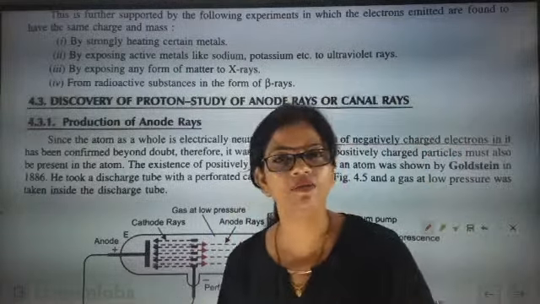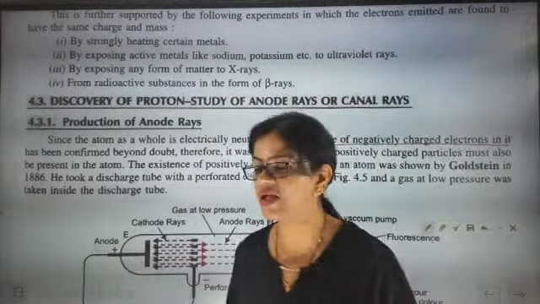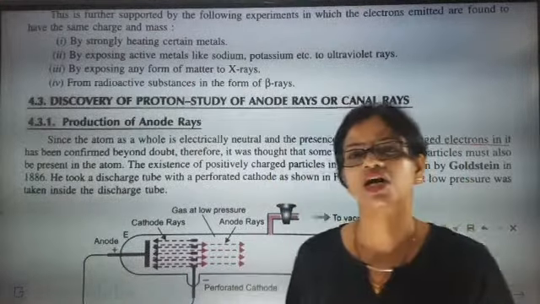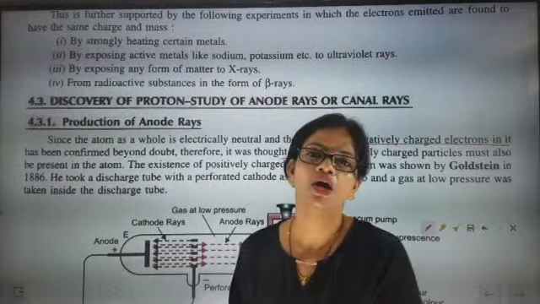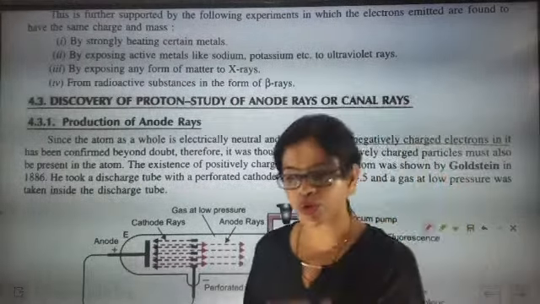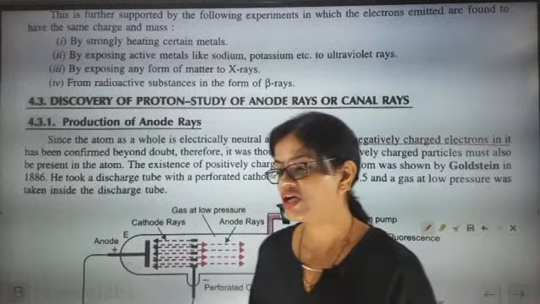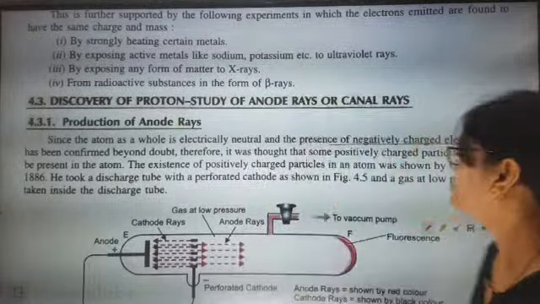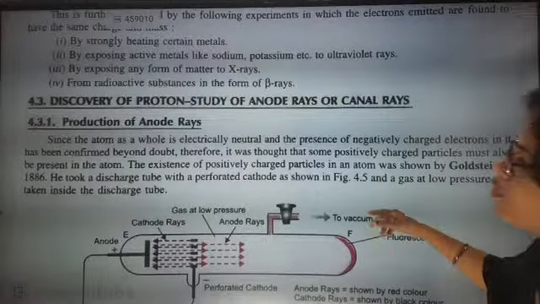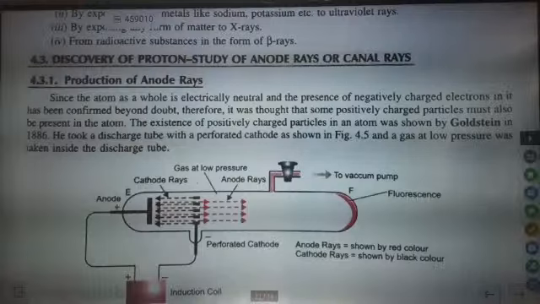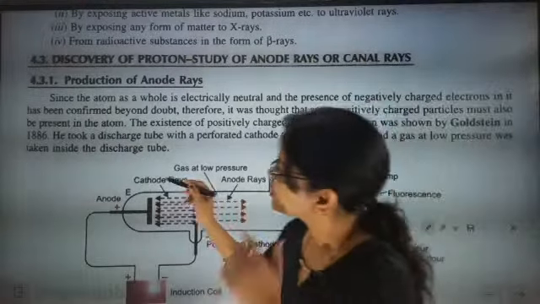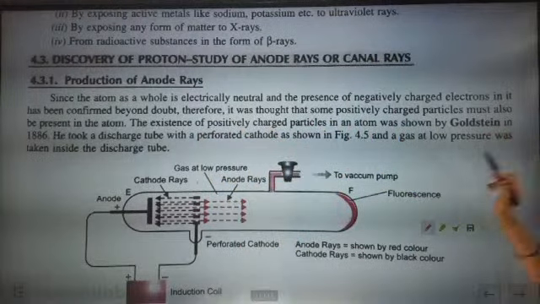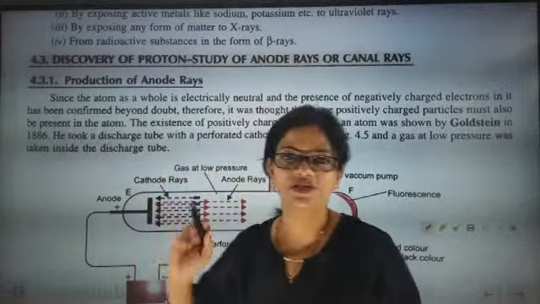So Goldstein did an experiment, the discharge tube experiment, to get the positive charge. These positive charges were given the name proton. It was thought beyond doubt that some positively charged particle must also be present in the atom.